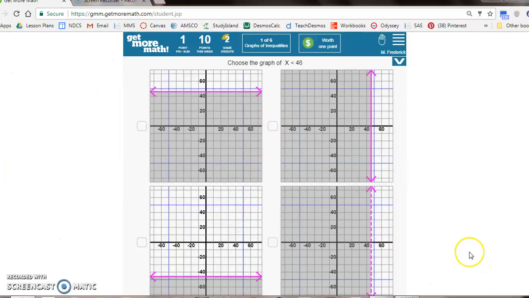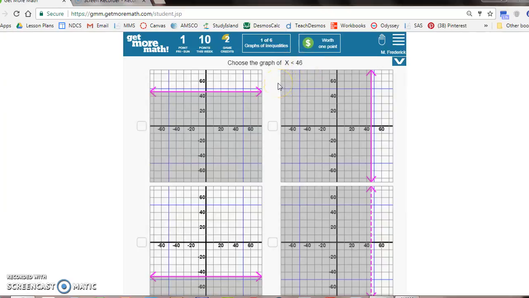Now we are asked to choose the graph of x is less than 46. You should recall from graphing linear equations that anytime you have an equation in the form of x equals a number, you are given a vertical line.